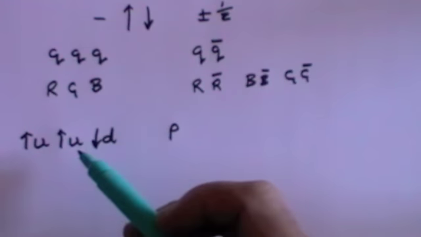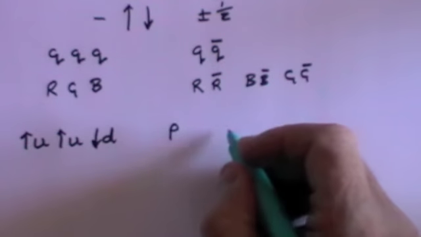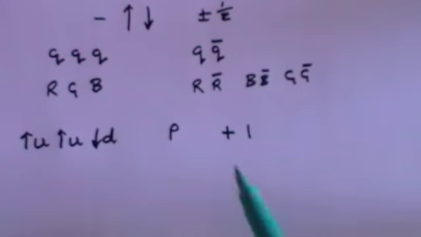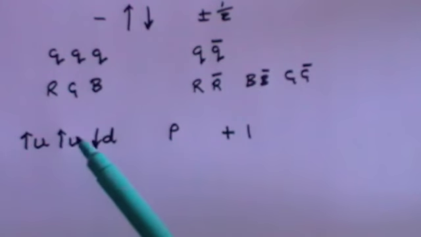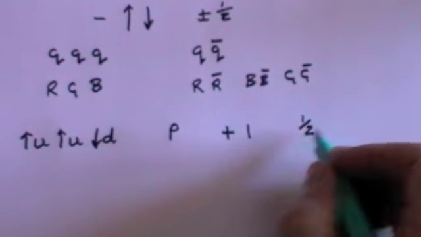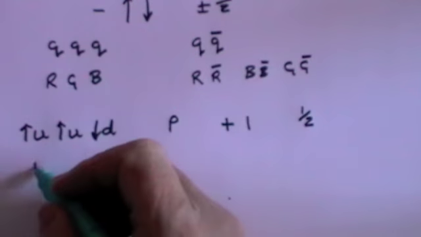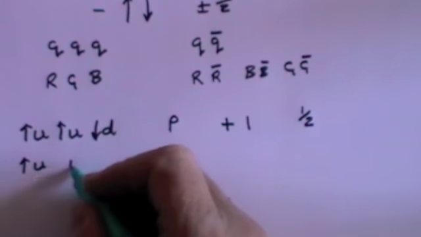So it's 2/3 plus 2/3 minus 1/3 gives you a charge of plus 1. And what is its total spin? Well, it's plus a half, plus a half, minus a half gives you a spin of 1/2.